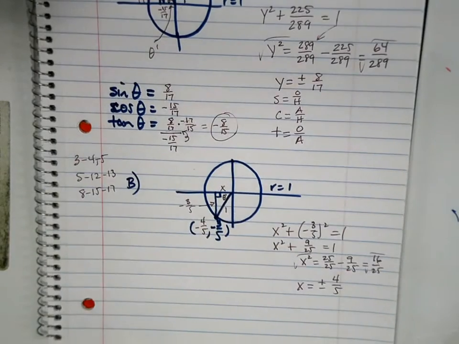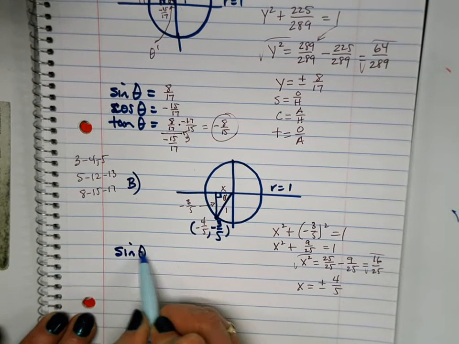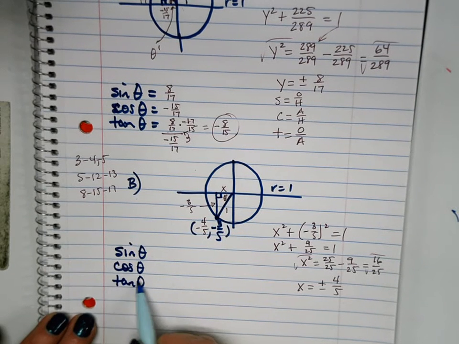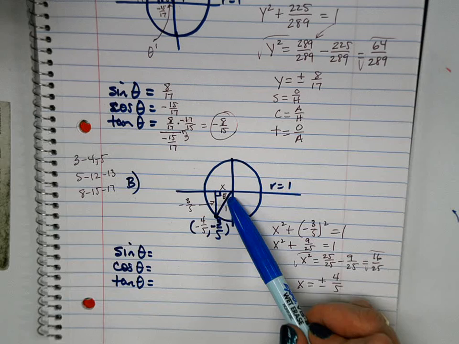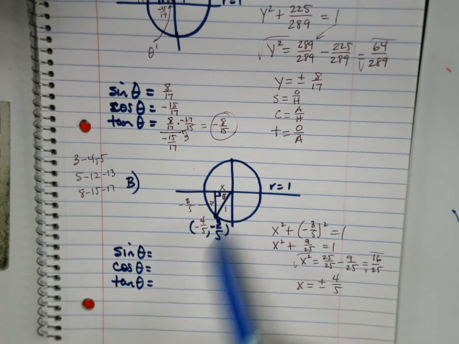Okay, last part of this is now to find the sine, the cosine, and the tangent of theta. So the sine is the opposite over the hypotenuse. You're going to use theta prime. The opposite side is -3/5, and the hypotenuse is 1. -3/5.